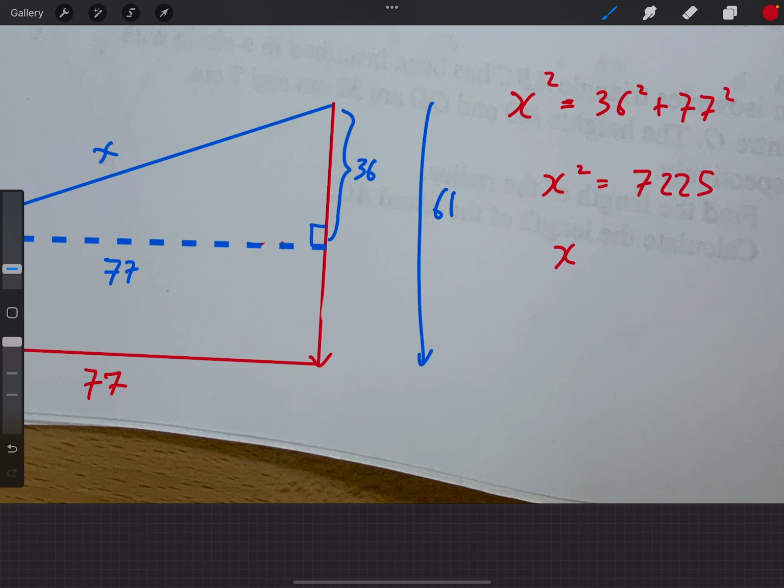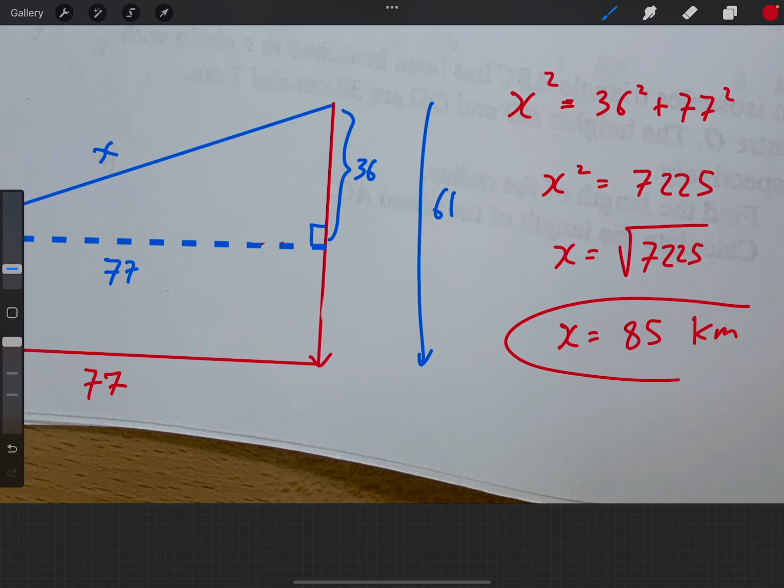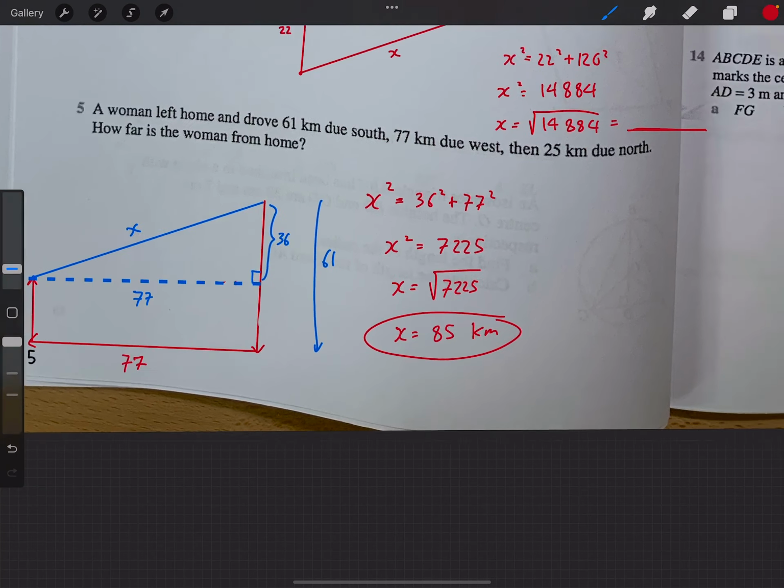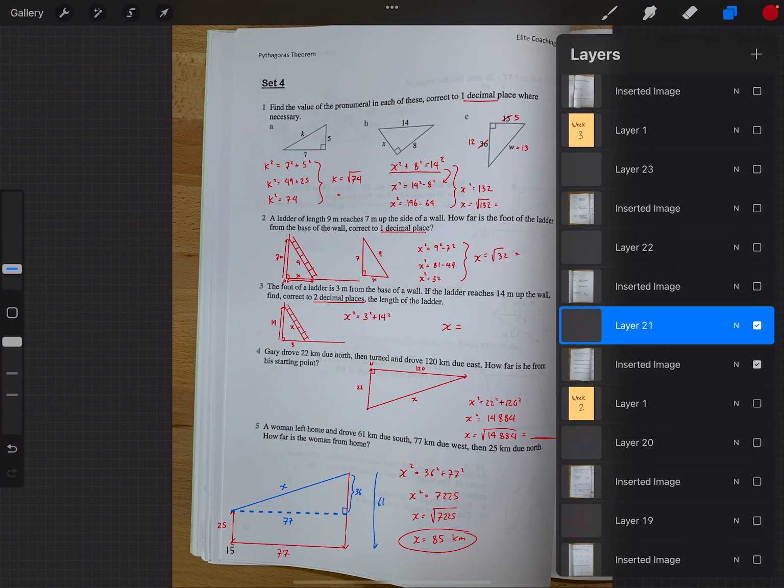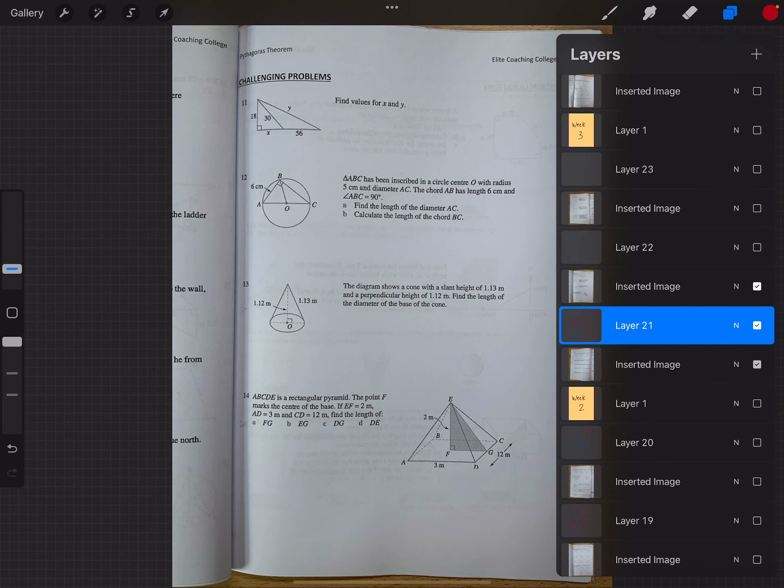So therefore x is equal to the square root of 7,225. And I'll give you this one. It's 85 kilometers. Everything else is in kilometers, so this must have been kilometers. Okay, that's that one. Next page.